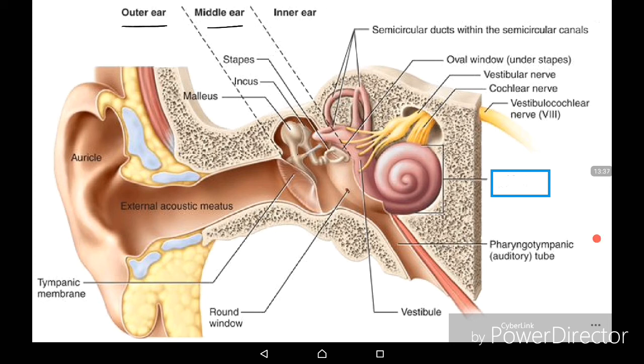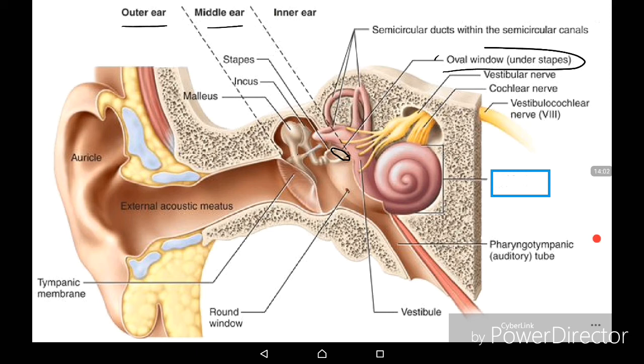And when we have noise, then mechanical oscillations are conducted through the external acoustic meatus normally to the tympanic membrane, and the membrane conducts these oscillations to the oval window under the stapes.